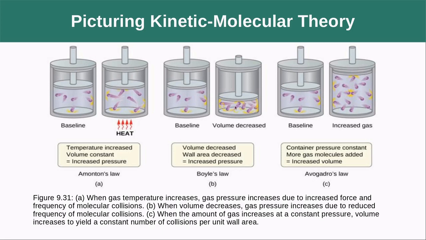And so that's going to make collisions more frequent and the pressure rises. Here we have our baseline, and if we increase the amount of gas in there, again, now there are more atoms or gas molecules to hit the container, and the pressure rises and the piston moves up.